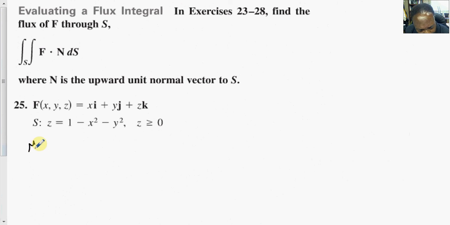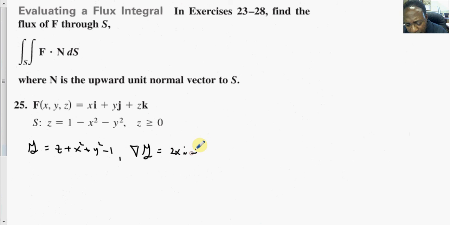I need capital G. Capital G is this z minus all of this. So it's plus x squared plus y squared minus 1. So the gradient of G, excuse me, is 2xi plus 2yj plus k.